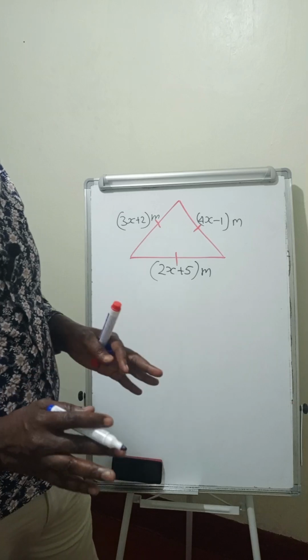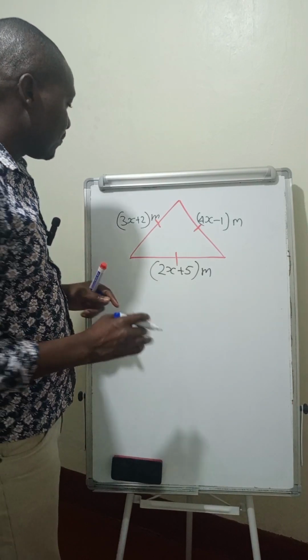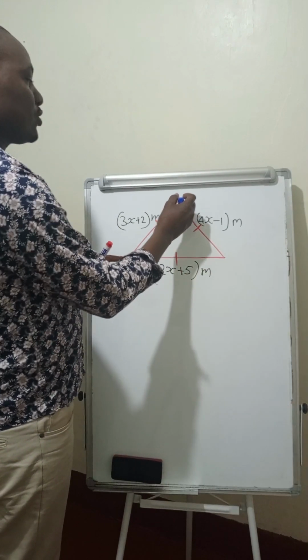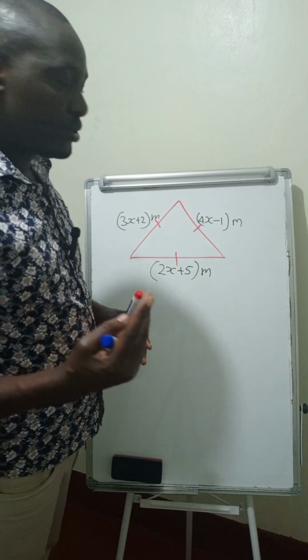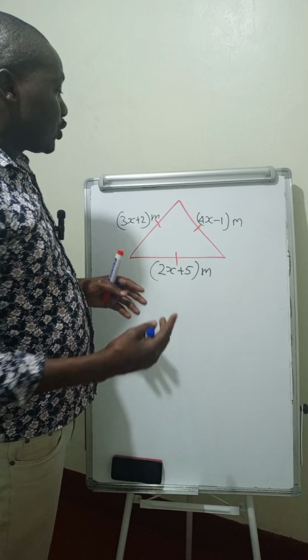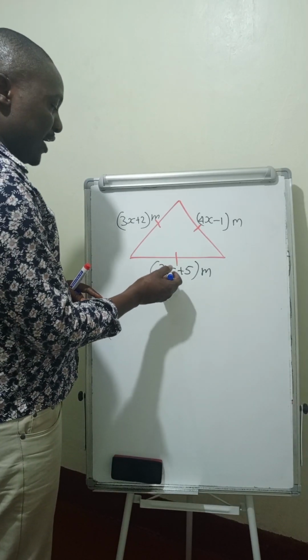That's where the idea is, meaning all sides are equal. If this side is equal to that side and also equal to that side, I can pick any two sides to help us get the value of x.